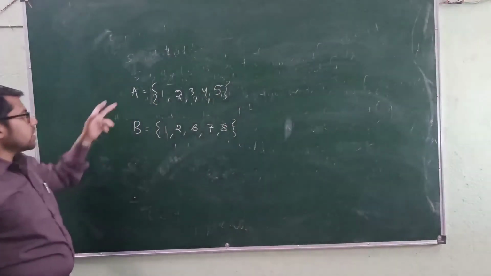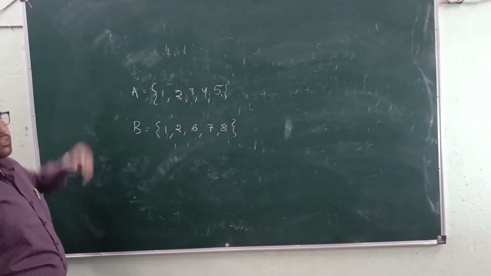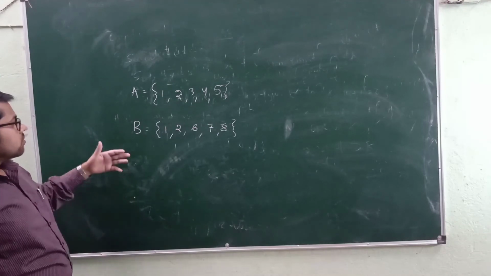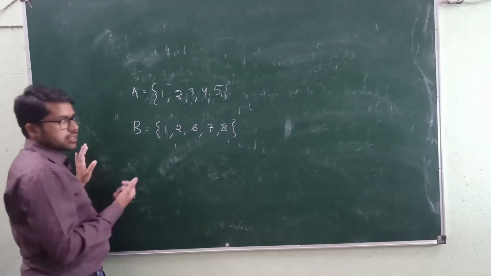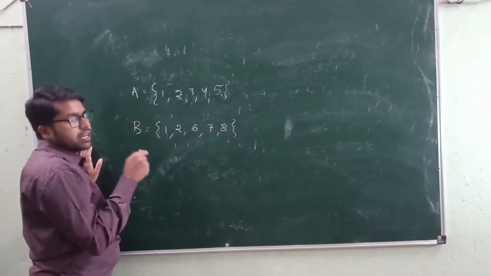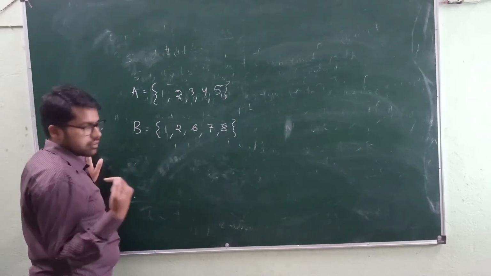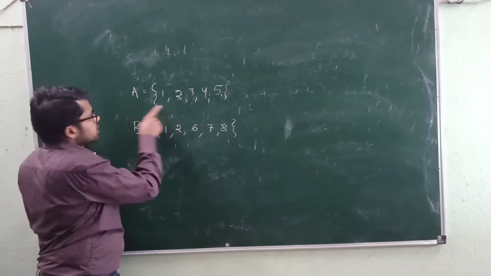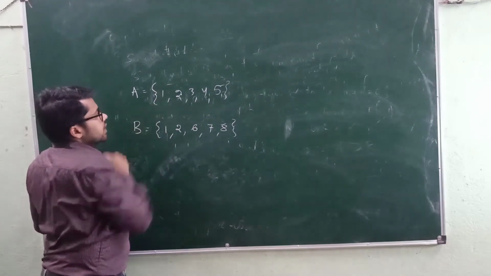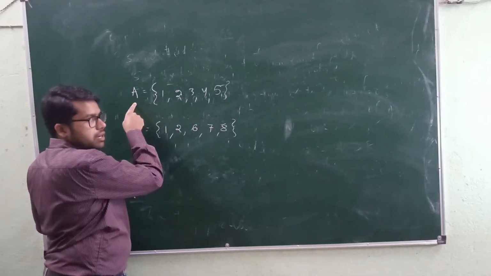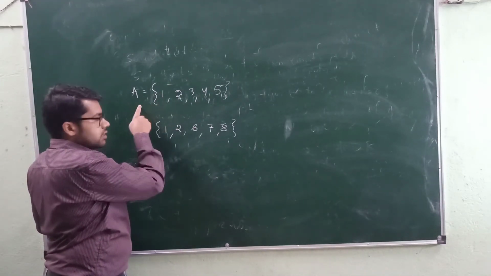So can I say A is subset of B or B is subset of A? Check when we can say that a set is subset of another set if every element of a set is present in another set. So let's consider the set A and consider the element 1. 1 is a member of the set A or 1 is in set A.